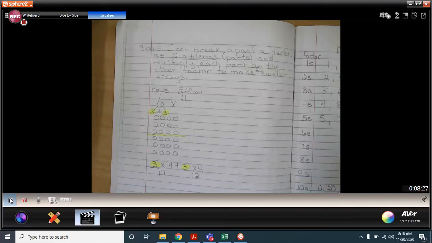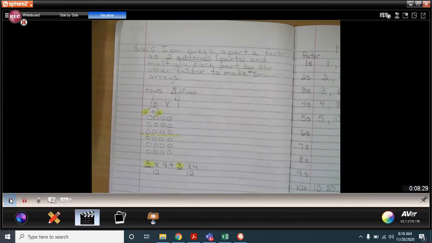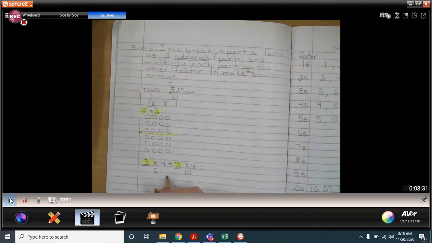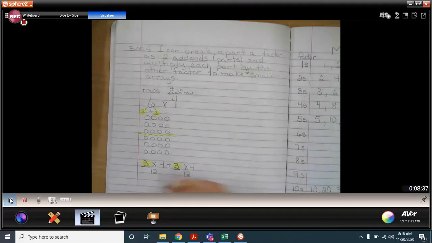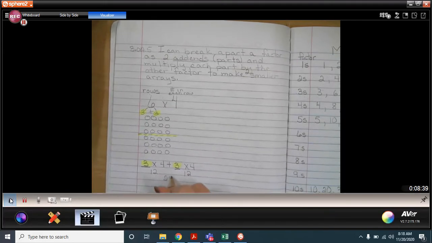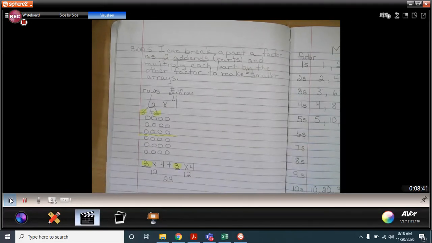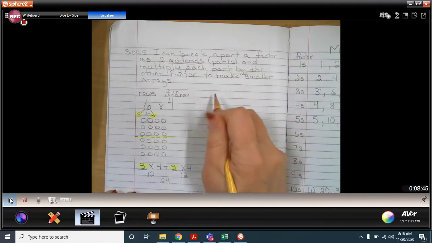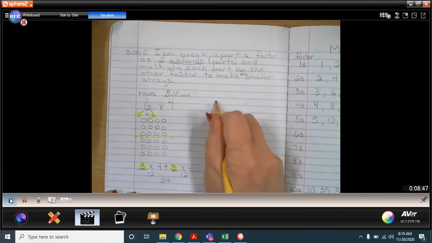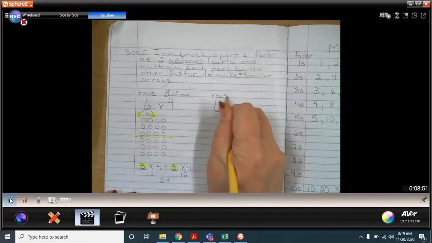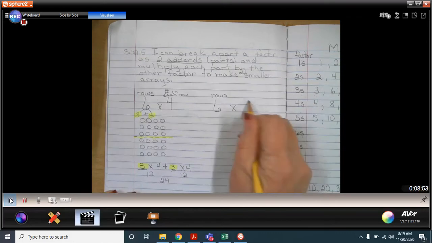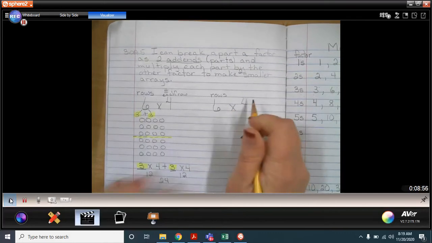Now, if I wanted to break up my second factor, oh, and I forgot to mention this is going to be a product of 24, because 12 and 12 is 24. Now, if I wanted to, let's take the same array, and again, it's going to be 6 rows. These are my rows. And my second factor is going to be my number in each row.